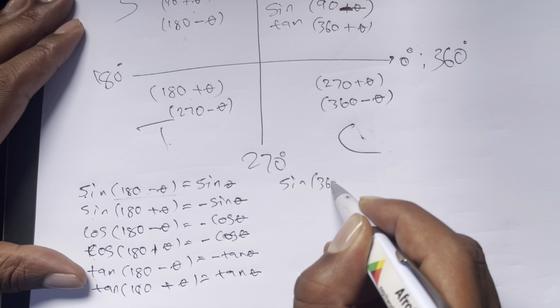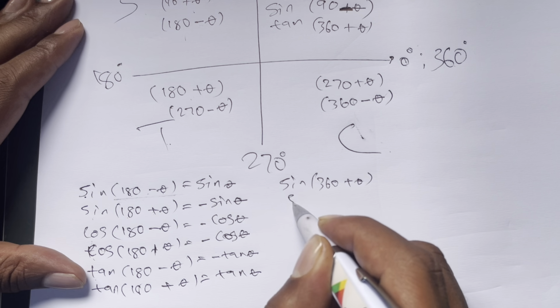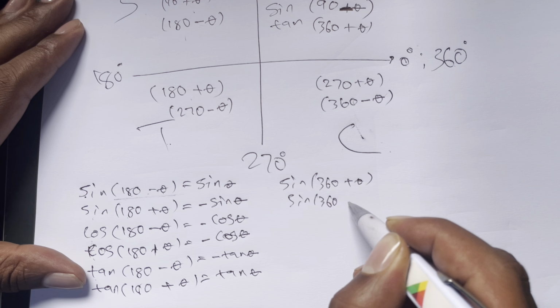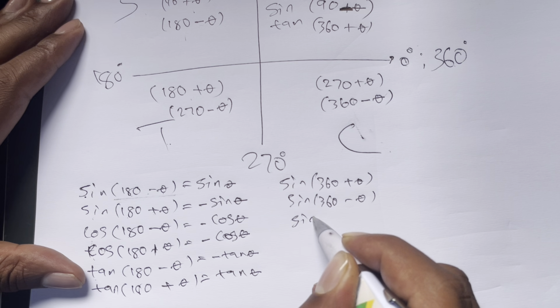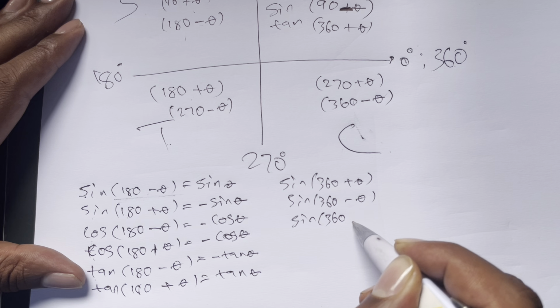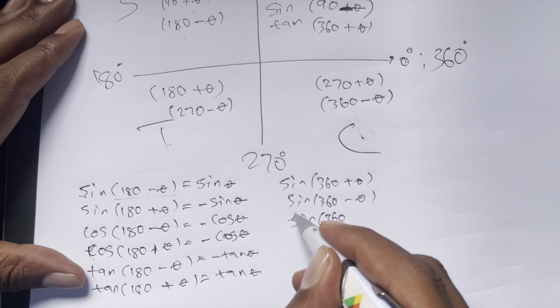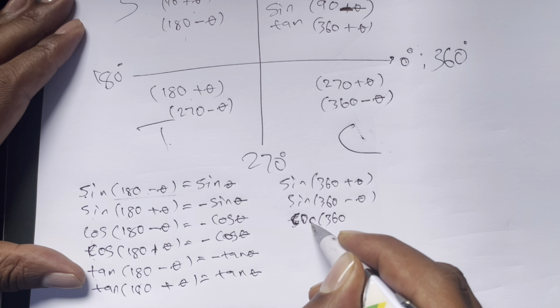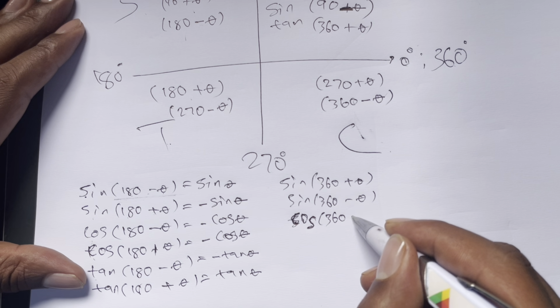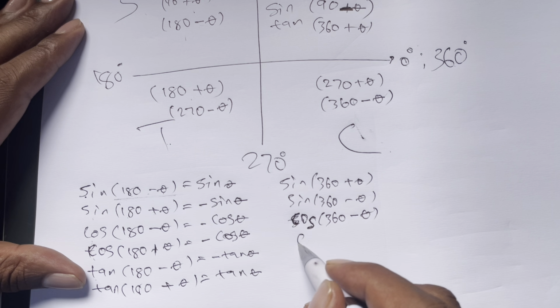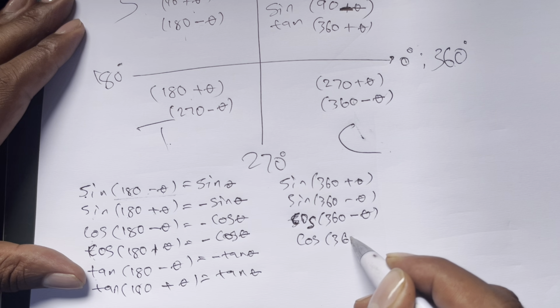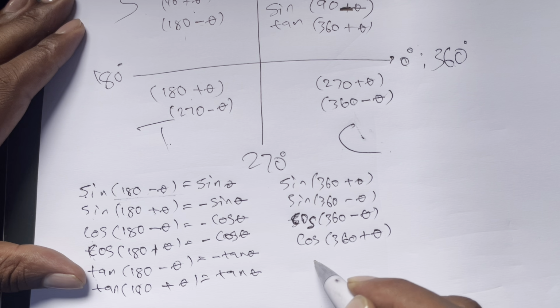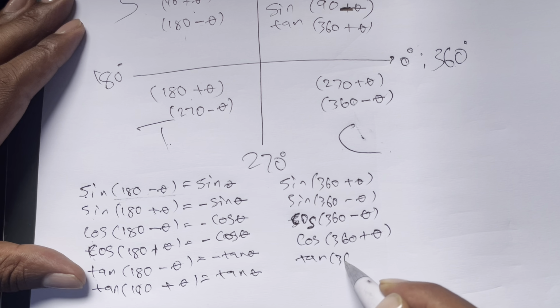Now let's do the 360 minus and 360 plus. Sine 360 plus theta, sine 360 minus theta, cos 360 minus theta, cos 360 plus theta, tan 360 minus theta, tan 360 plus theta.